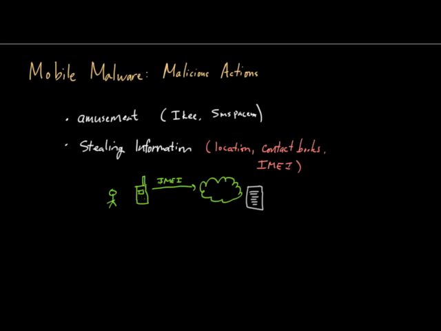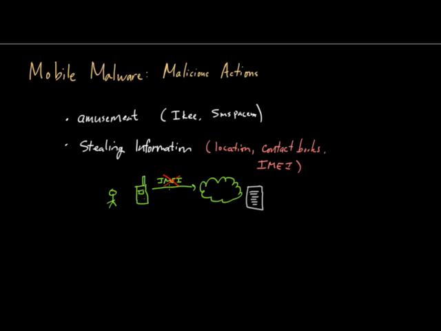If they see an IMEI coming from a phone and they know it belonged to a stolen phone, they'll block that phone from getting onto the mobile network. So the cellular provider will blacklist that stolen phone's IMEI, and the phone will not be allowed any access to the cellular network.